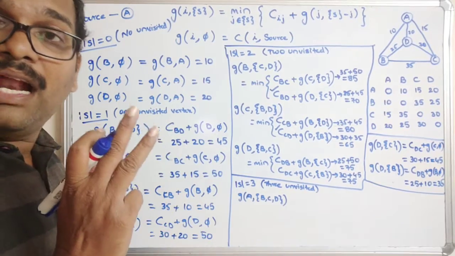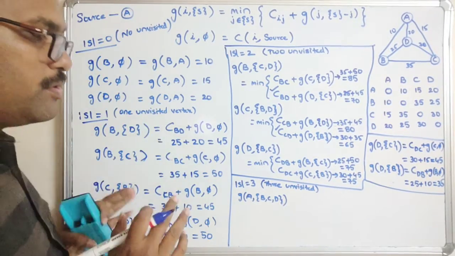Among 4, the 3 are unvisited, and obviously the next one will be the source.